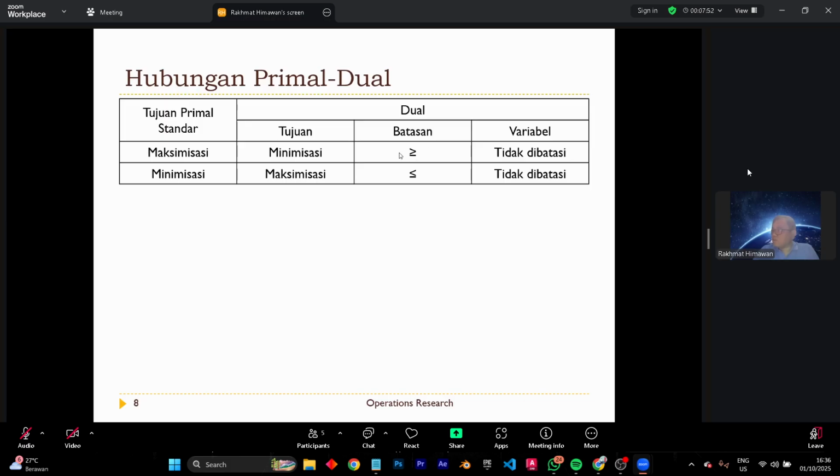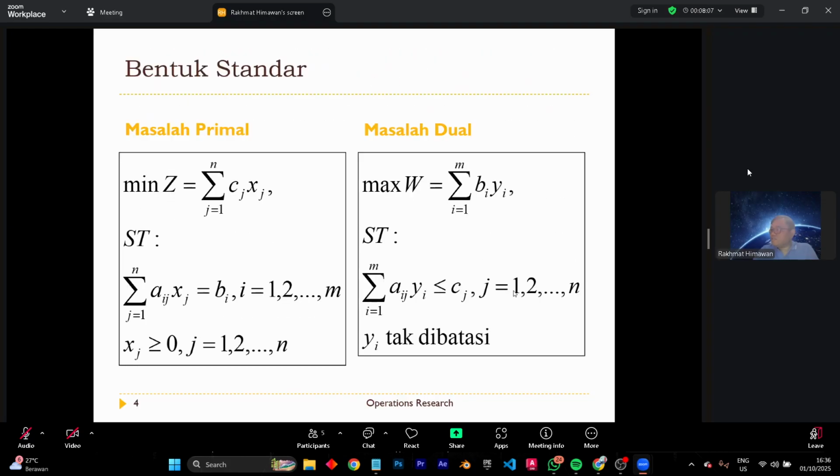The constraints become greater than or equal to, and the variables become unrestricted. The y is unrestricted, while the x is limited to something.